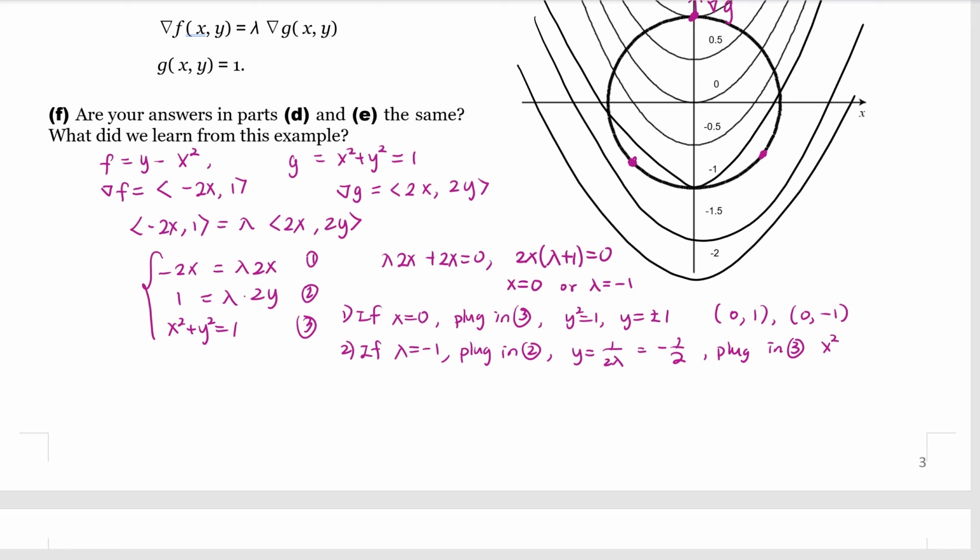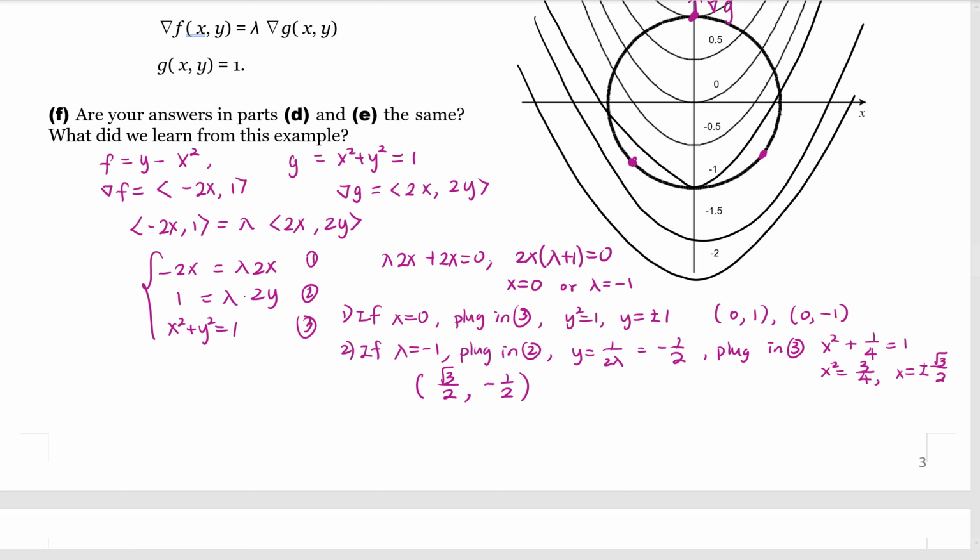X squared plus y squared, which is 1 over 4, equals 1. X squared is 1 minus 1 over 4, which is 3 over 4. X equals plus or minus root 3 over 2. So we have 2 points, root 3 over 2, and y is -1/2.